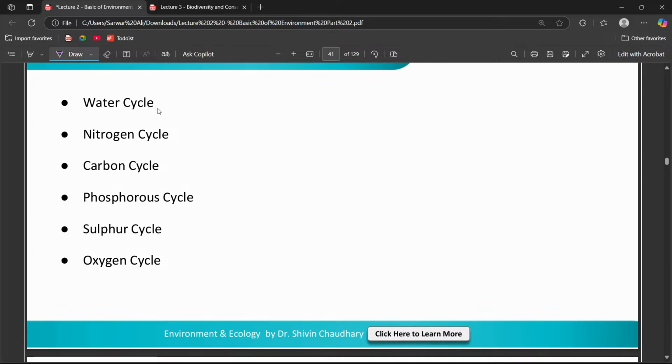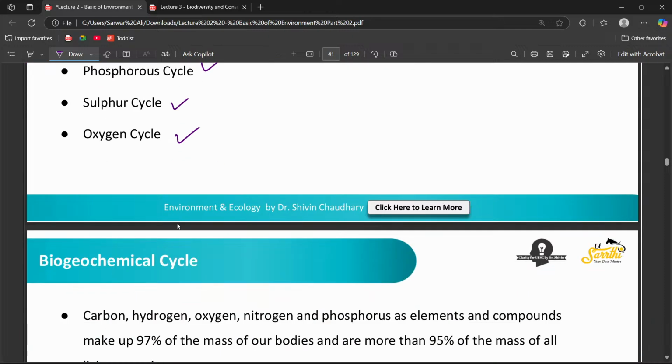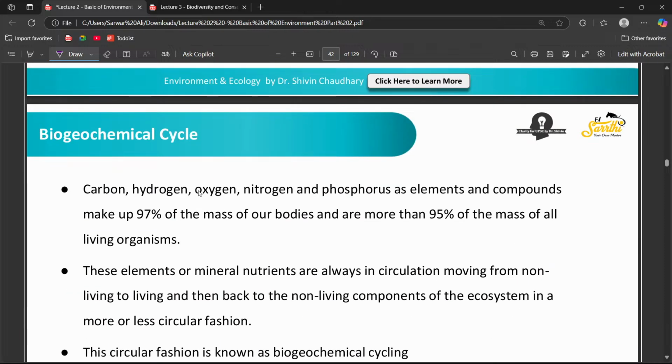Biogeochemical cycle. There's a water cycle, nitrogen cycle, carbon cycle, phosphorus cycle, sulfur cycle, and oxygen cycle. Carbon, hydrogen, oxygen, nitrogen, and phosphorus as elements and compounds make up 97% of the mass of our bodies and more than 95% of all the mass of living organisms. That is true.